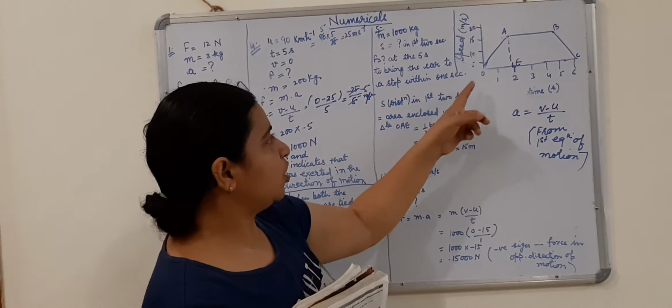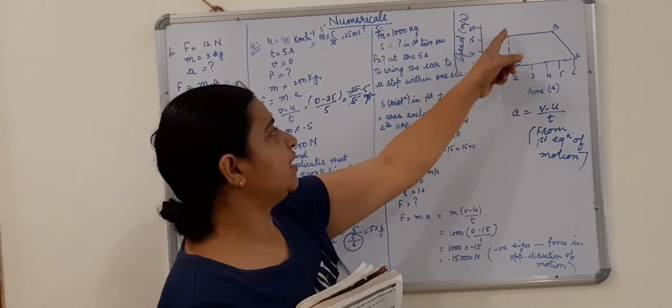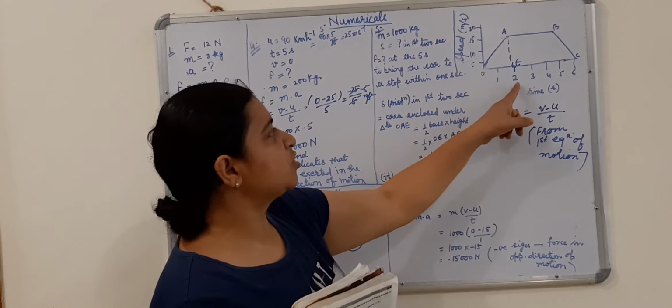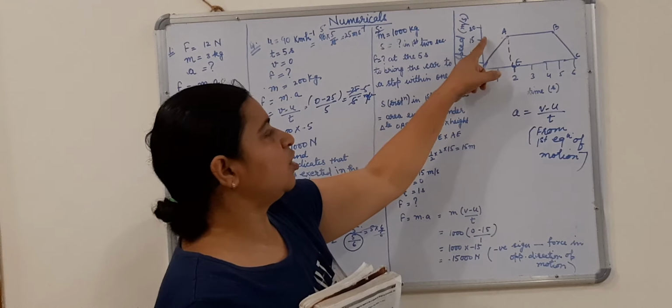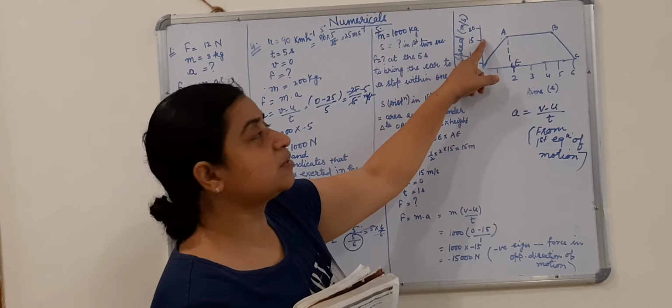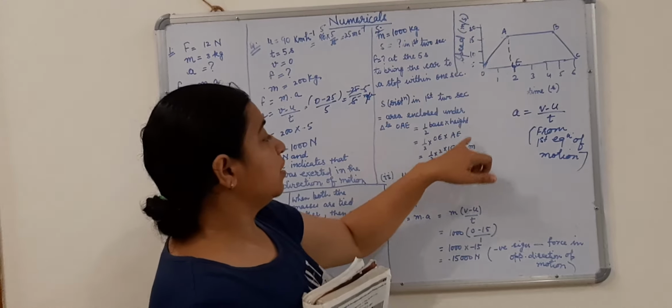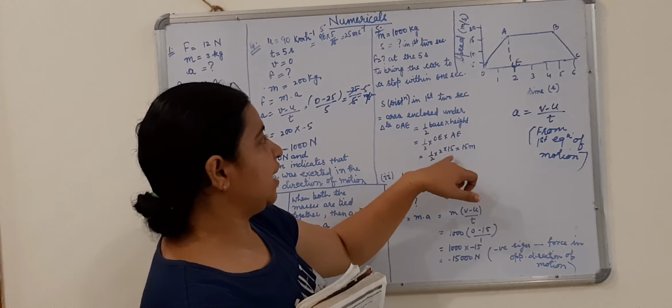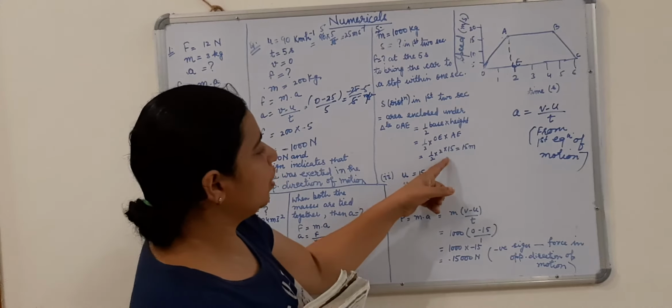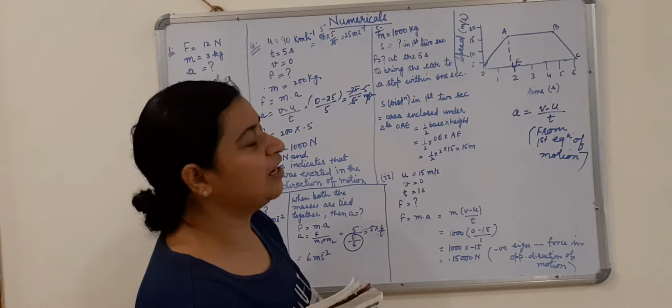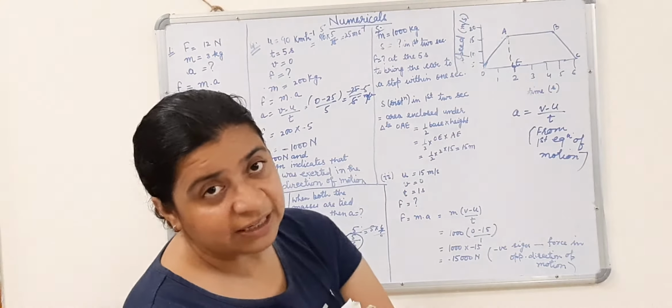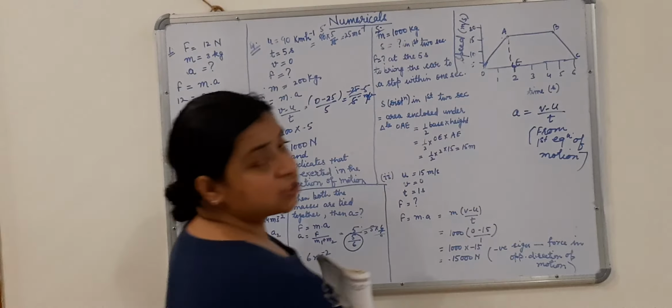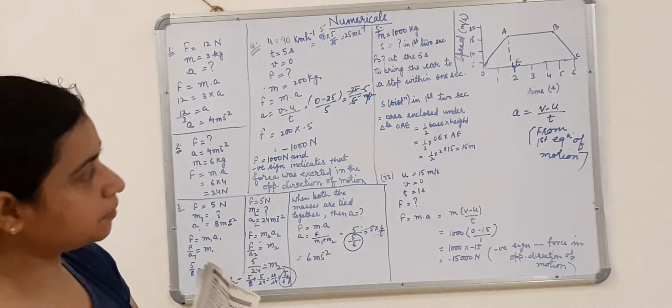What is the base here? OE, and height is AE. OE is 2 and AE, here I had drawn a corresponding line to show you the speed, that is 15. So 1 upon 2 into 2 into 15, and I got 15 meter. So the distance covered by the car in the first 2 seconds was 15 meter.